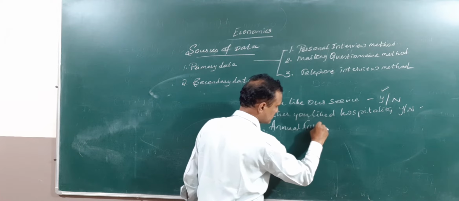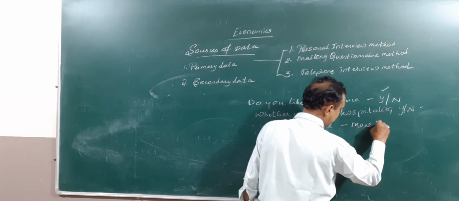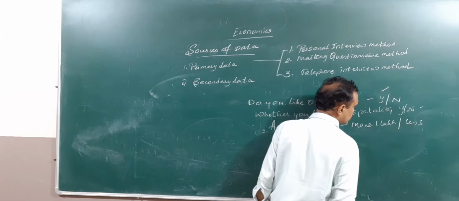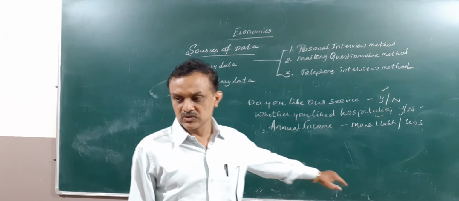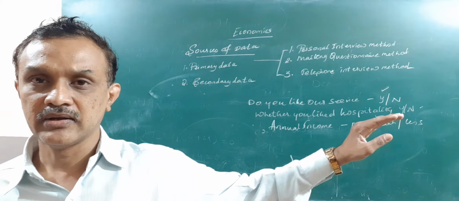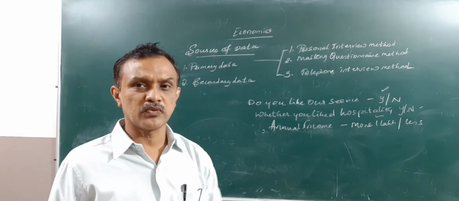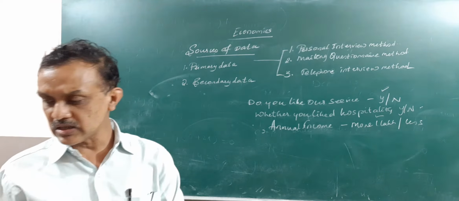More than 1 lakh or less than 1 lakh. That way the appropriate answer can be taken. So this is called the mailing questionnaire method, wherein the researcher posts the questions to the respondents, and the respondents give the answer and repost it back to the researcher.